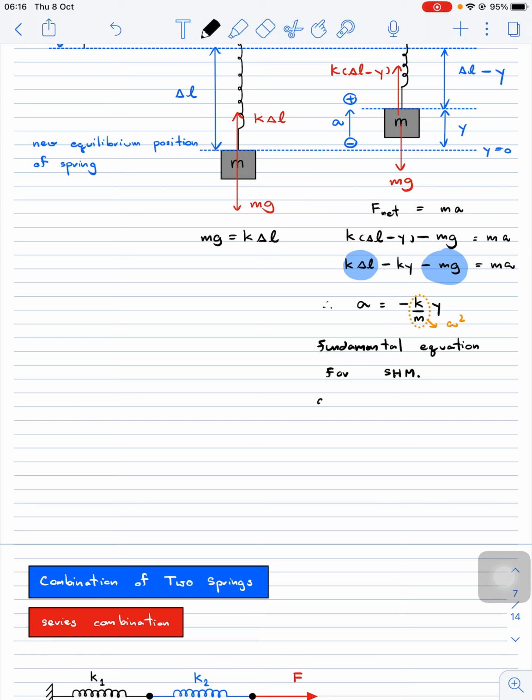Or we can get that omega equals the square root of k over m, which is the same form as the horizontal spring-mass system.